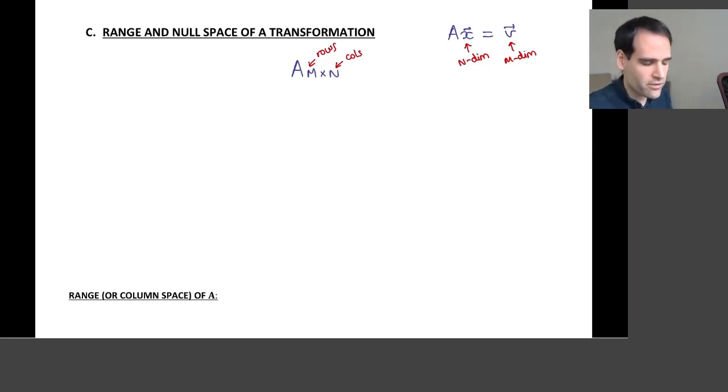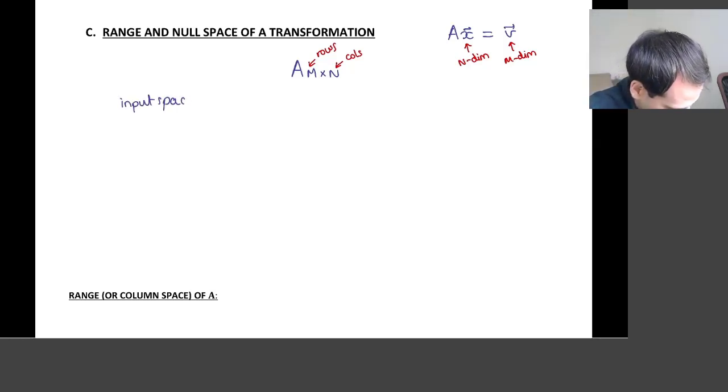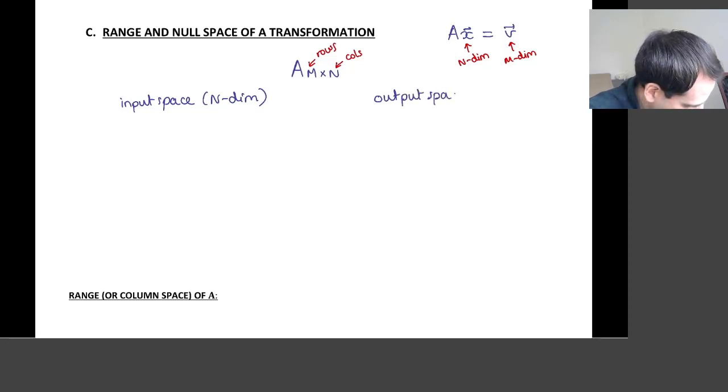Therefore, this transformation, which is a general one, is transforming a vector space that is n dimensional. So let me draw it like this. So we have an input space which is n dimensional, and it's converting it into an output space which is m dimensional.